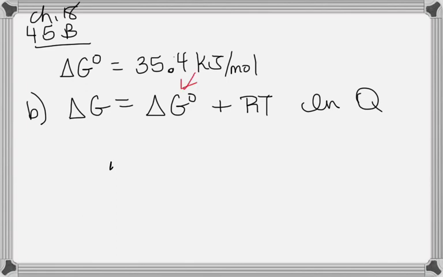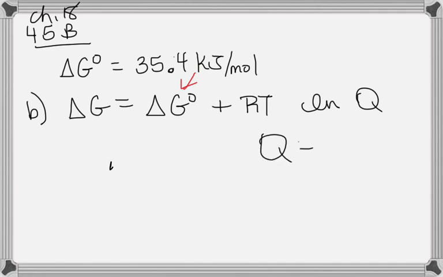If that's in kilojoules per mole, then of course you have to be sure your R is also the R that's for kilojoules. The temperature, be sure it's in Kelvin. And remember to calculate Q, it's like an equilibrium constant.